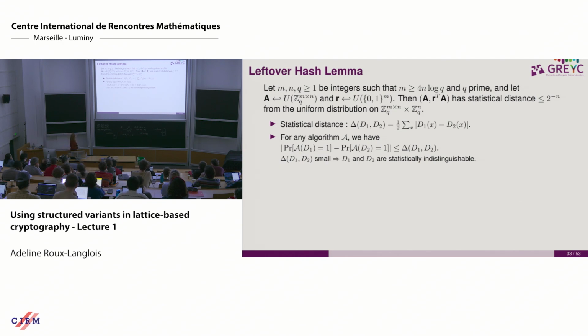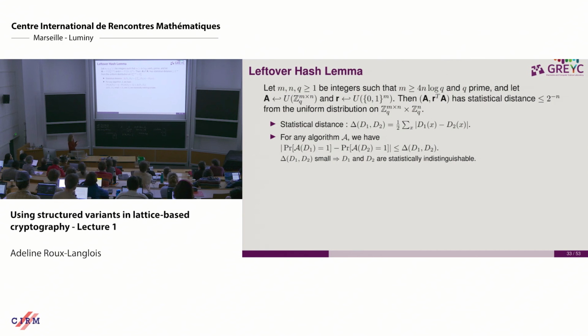You can show that for any algorithm A, the probability that A given D1 answers 1 minus the probability that A given D2 answers 1 is less than the statistical distance between the two distributions.